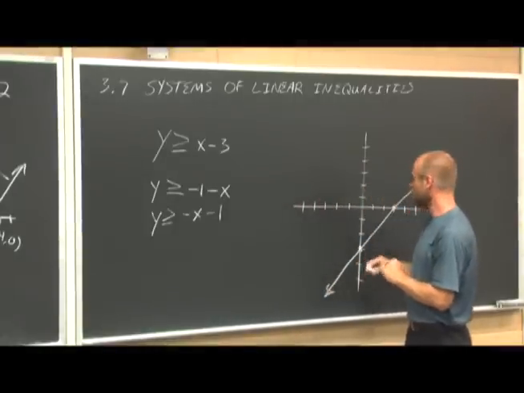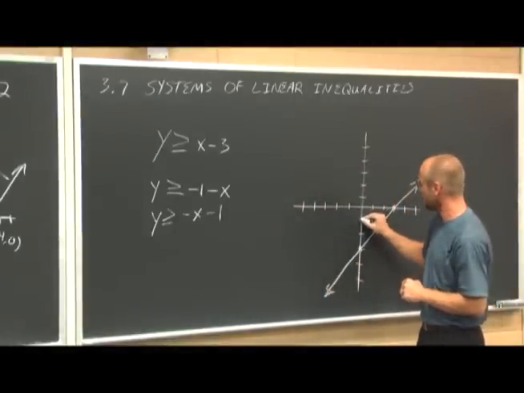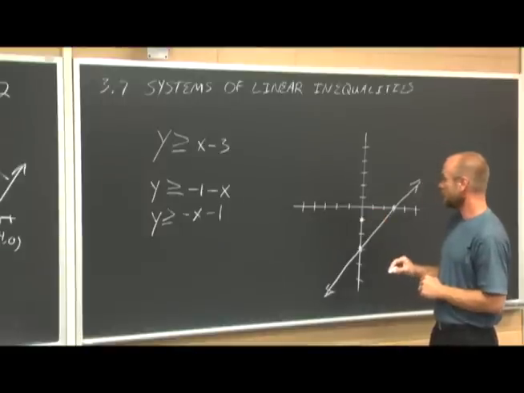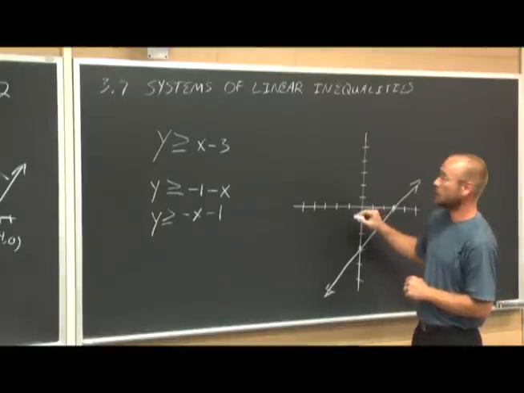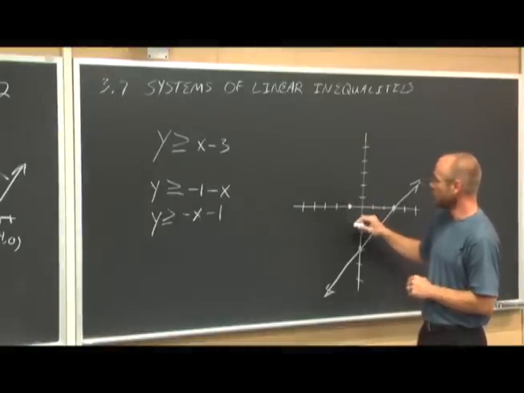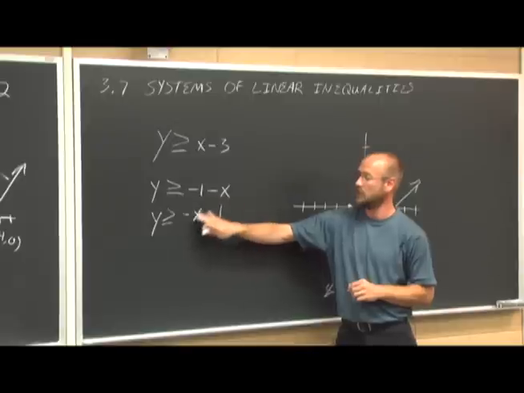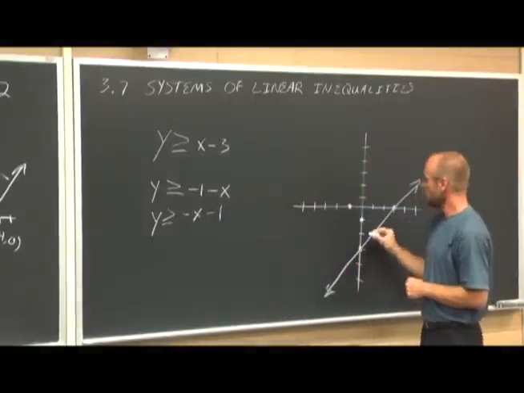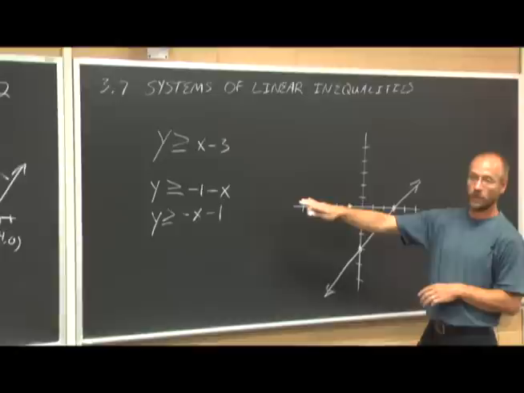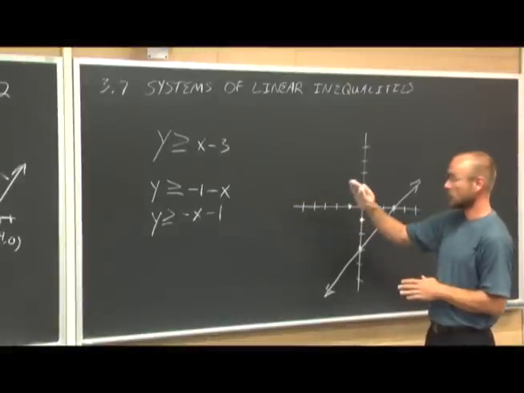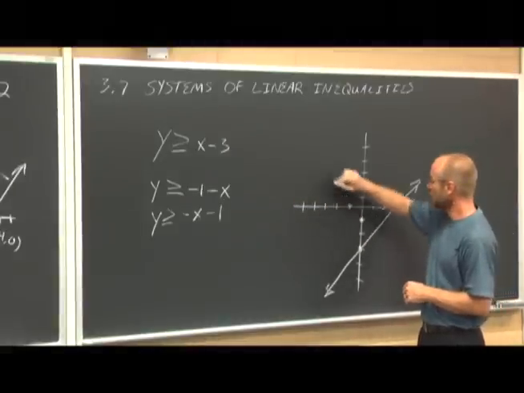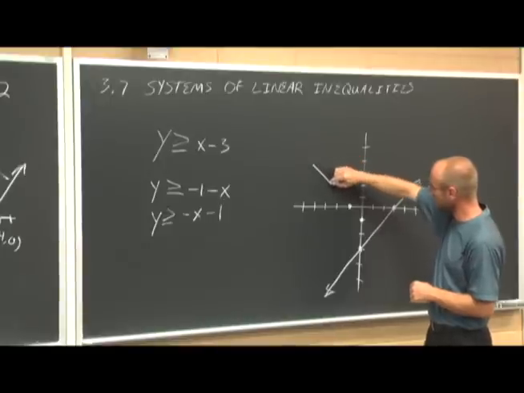We're going to look at this and say, OK, well, the y-intercept is -1, and the x-intercept is also -1. One thing to check is we're going to see a decreasing slope. A slope of -1 tells me it's decreasing. Now, what kind of line? It could equal the values on the line because it's greater than or equal to. So we're going to go ahead and draw a solid line here.